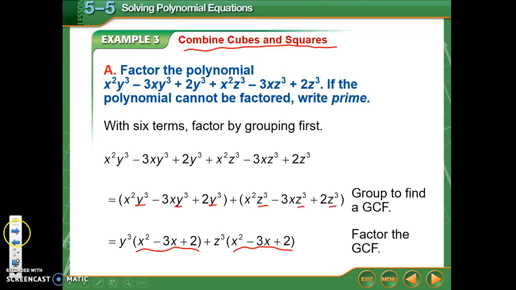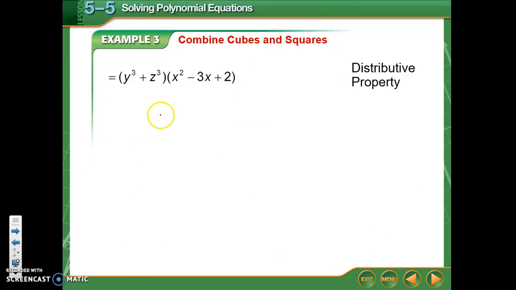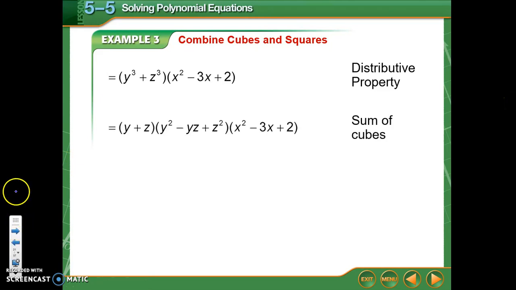So we went from here to here, just like with regular grouping, just that this has 3 terms instead of 2. Now, I always have to ask, am I done factoring or not? Well, in this case I'm not, because notice here y cubed is a perfect cube and z cubed is a perfect cube. So this is the sum, the addition of perfect cubes.